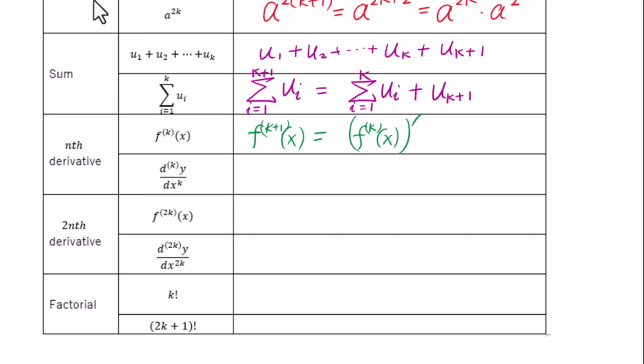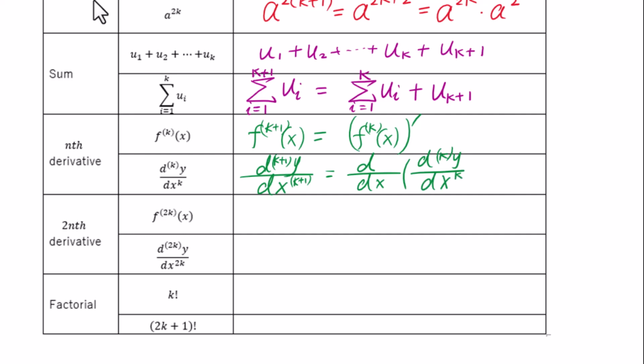That is, d^k y over dx^k is the kth term. The next term will be d^(k+1) y over dx^(k+1), which equals d over dx of d^k y over dx^k.